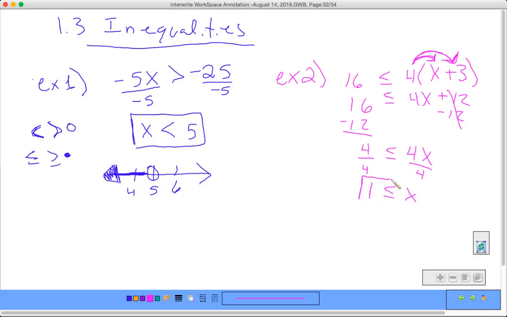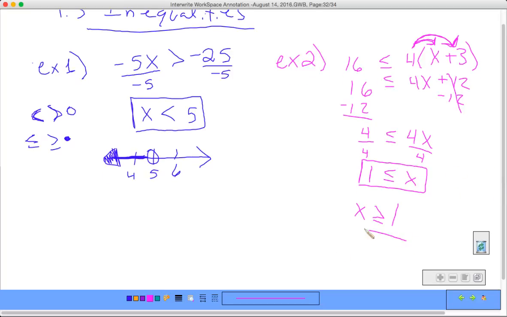This is my answer. But if I'm asked to graph that, I may want to write it with the x first. So this says x, and then this is pointing towards the 1. So I'm going to leave it pointing towards the 1. X is greater than or equal to 1. You can read that from here also. X is greater than or equal to 1. So to graph that, I'm going to draw a quick number line.